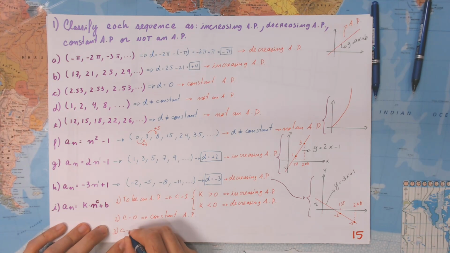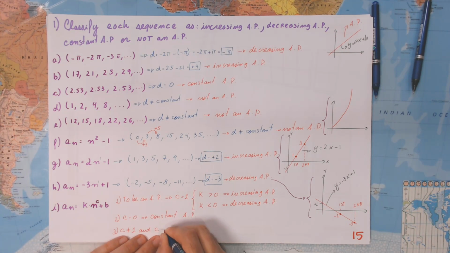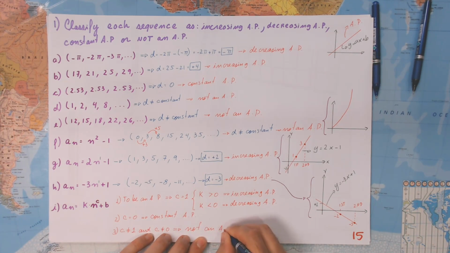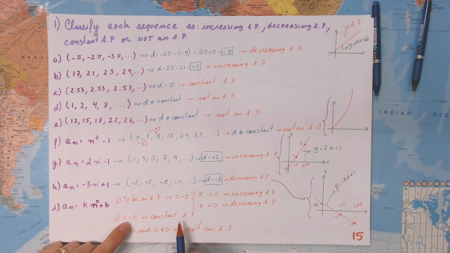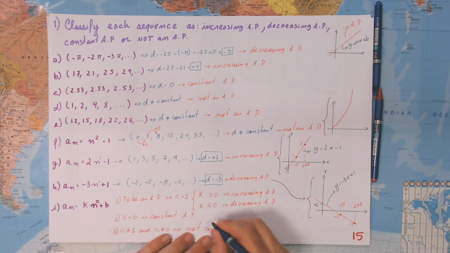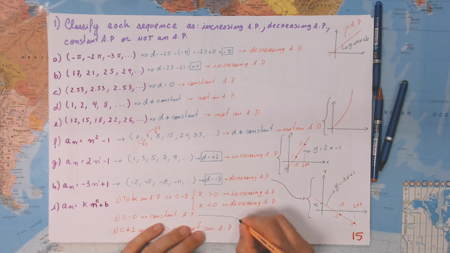And what happens if c is different than 1 and c is different than 0? Then this is not an arithmetic progression. Okay, I didn't make the chart in here, but just in case c equals 0, I'm going to try to draw in here, in this color maybe.